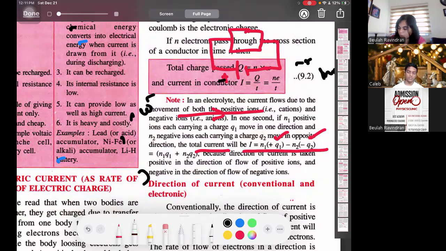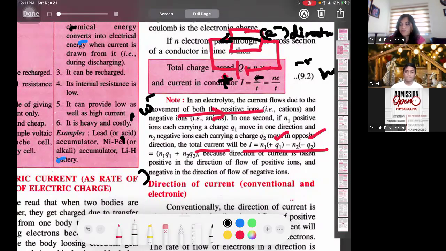Now do the electrons flow from positive to negative or negative to positive? Negative to positive, right? Sorry, yes. This is the electron direction.